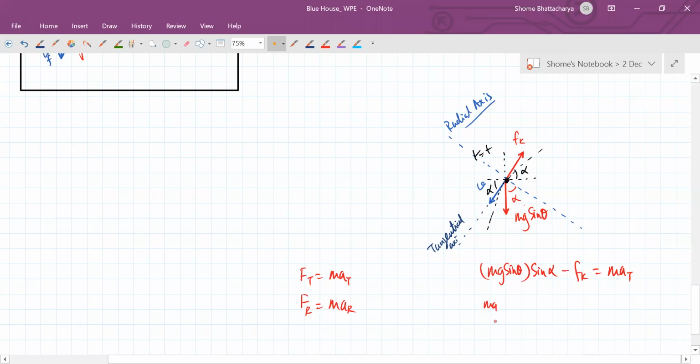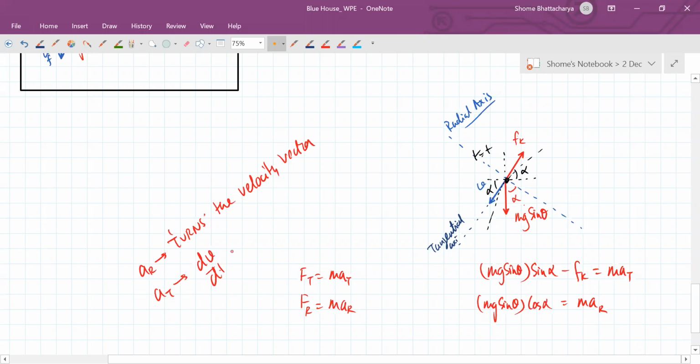So mg sine theta into cos alpha will become m into radial acceleration. So remember, radial acceleration turns the velocity vector, whereas tangential acceleration is equal to the rate of change of speed.